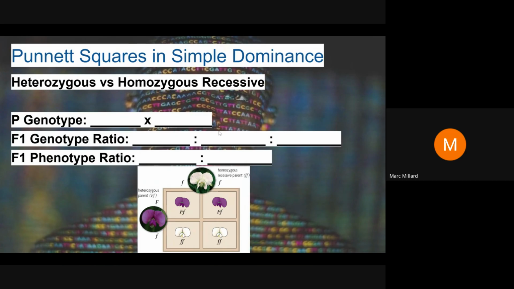So it's a 0 to 2 to 2 ratio. The phenotype ratios, on the other hand, would be 2 purples to 2 whites, so 2 to 2, or in this case, 1 to 1 ratio if we take it to its lowest common denominator.